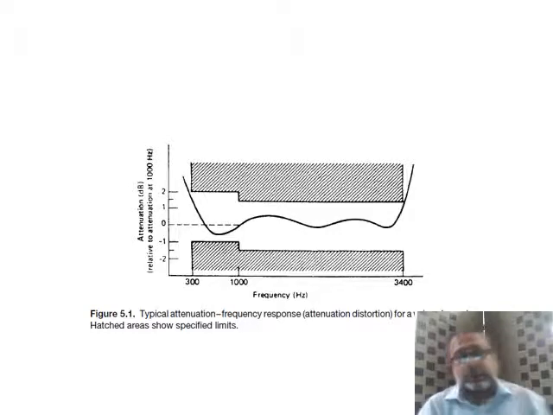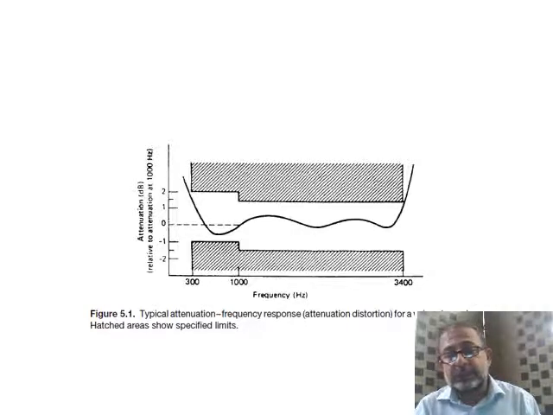This diagram shows this particular case that we just described. We have attenuation in dBs, relative to the attenuation at 1000 Hertz, and frequency on the x-axis, going from 300 Hertz to 3400 Hertz, which is the quite active region for the human voice.